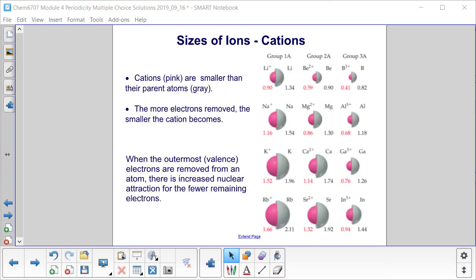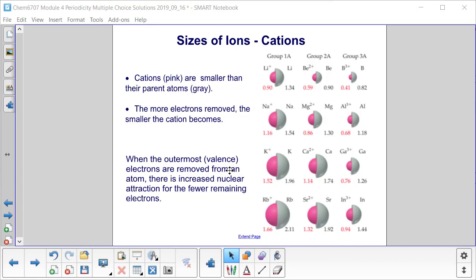All right, what about the periodic trend in the size of ions? Let's start with cations. So we see a bunch of metals here from groups 1, 2, and 3 that form cations. In gray is the neutral atom, and in pink is the ion, the cation.